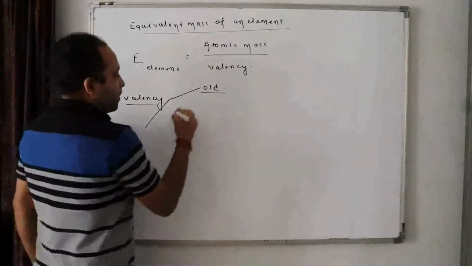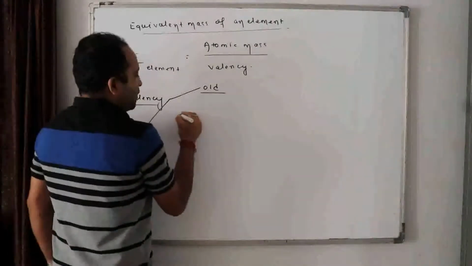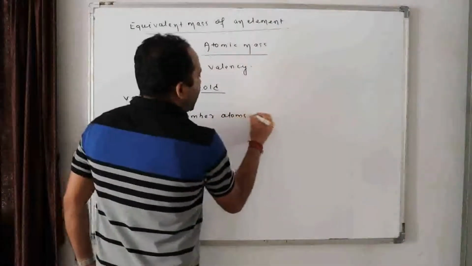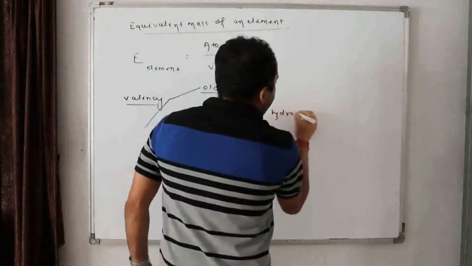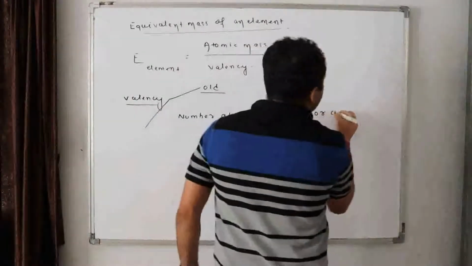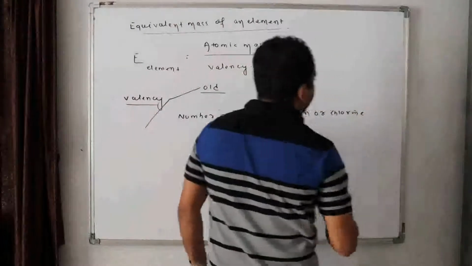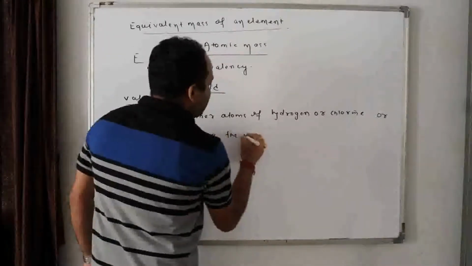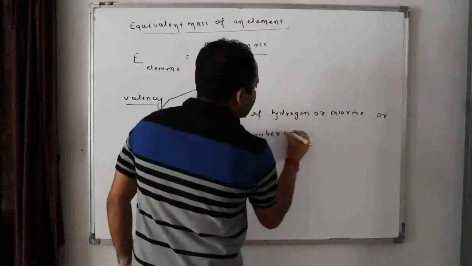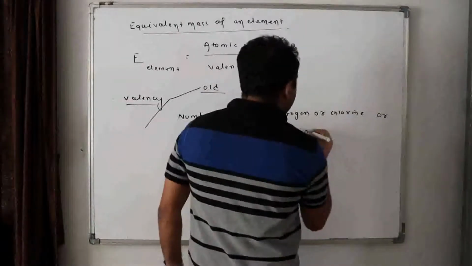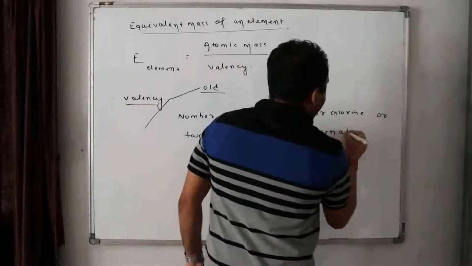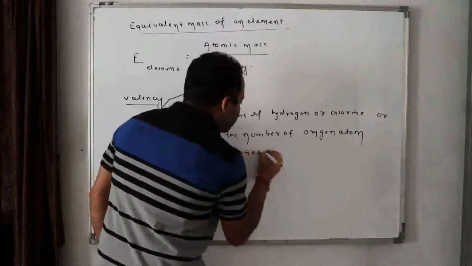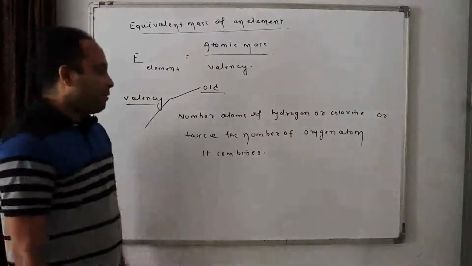According to the old concept, valency is defined as the number of atoms of hydrogen or chlorine an atom combines with, or twice the number of oxygen atoms it combines with. Done? Or twice the number of oxygen atoms it combines with.